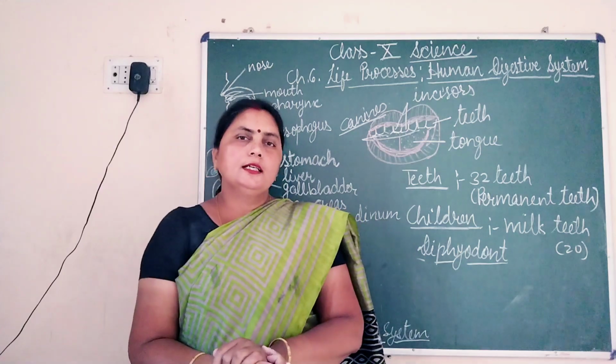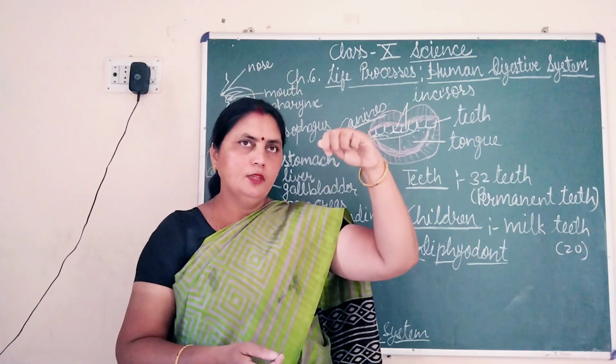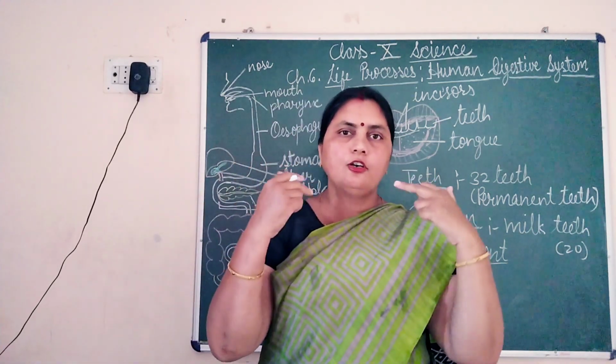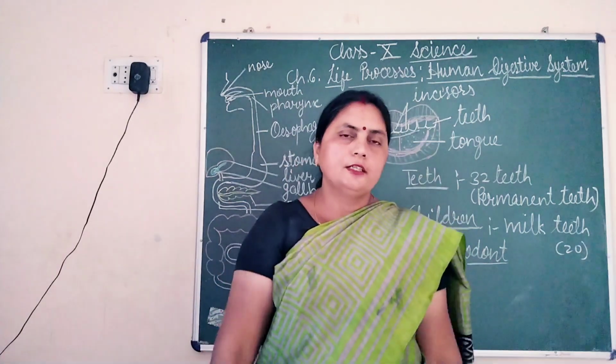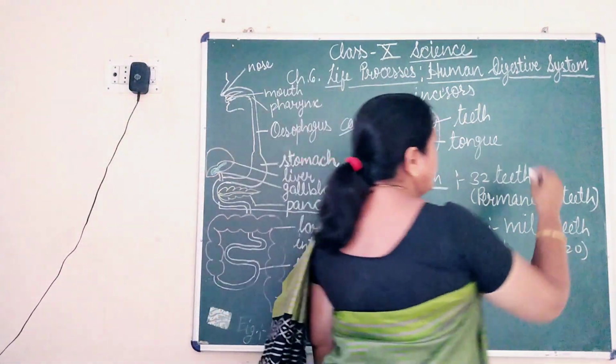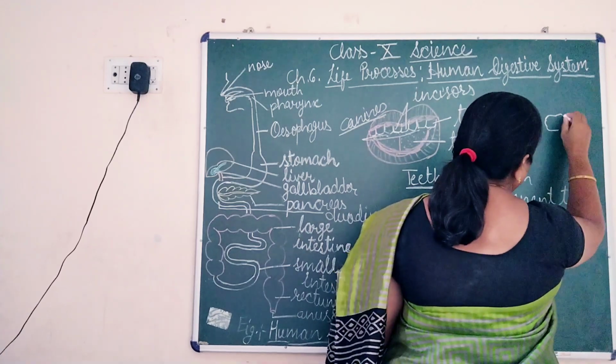These premolars and molars are broad from the top. If it is on the lower jaw, then we say they are broad from the top, and if it is on the upper jaw, then we say they are broad from the bottom.